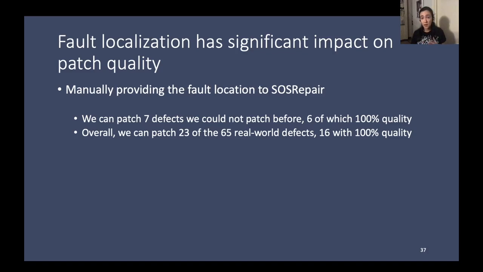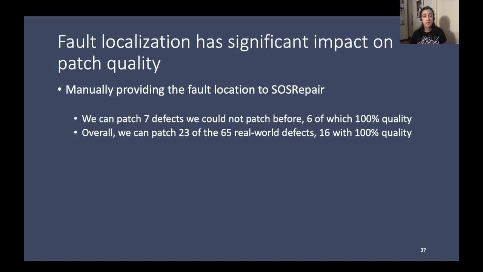And 6 of these patches that it finds actually have very, very high quality. So they pass all the secondary test cases. And overall, we found that if we manually provide the fault location, SOSRepair would be able to create 23 patches, and 16 of them, so more than half of them, have very high quality and pass all secondary test cases.